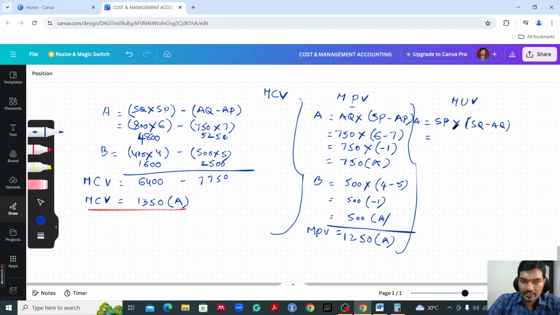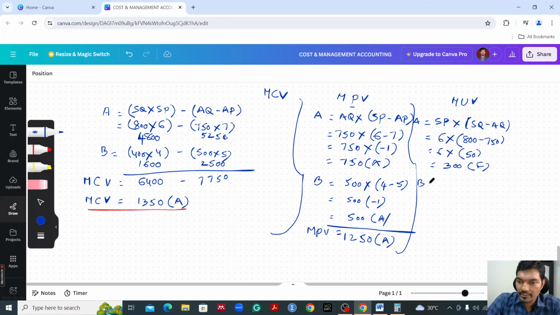Standard price for material A, 6 rupees, multiplied with standard quantity 800, the actual quantity is 750. Then 6 into, we got a positive value here, 6 5s are 30 means 300, we got a positive value means we should write favorable.